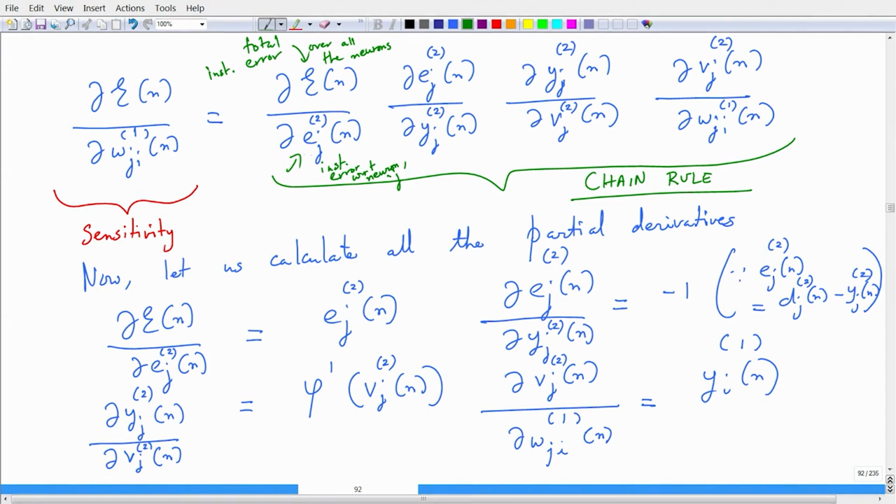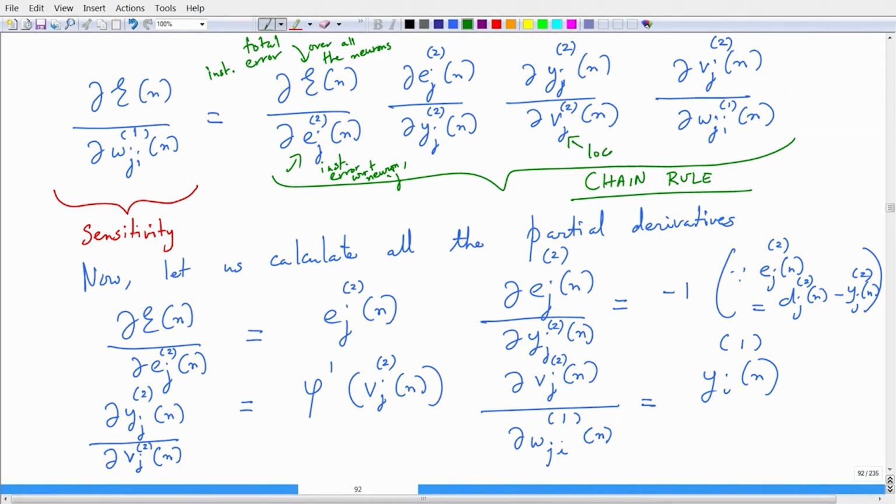So, throughout it is the same neuron j except the last term. Then we take the partial derivative of this function signal in the output layer at node j with respect to the local reception field V suffix j.